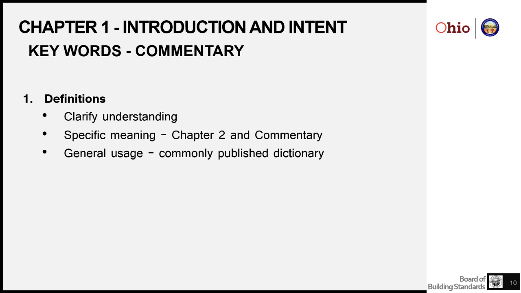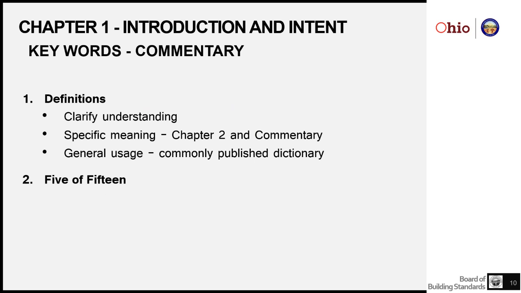We have pulled out some of those in the commentary, and we are going to be talking about those here in a little bit. The general usage, if you have a question about something and it's not defined in Chapter 2, then a commonly published dictionary is a good source to find out how a term is defined and how it would be understood within the meaning of the code.